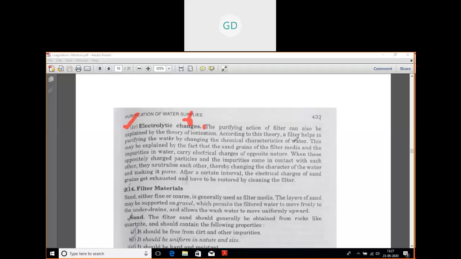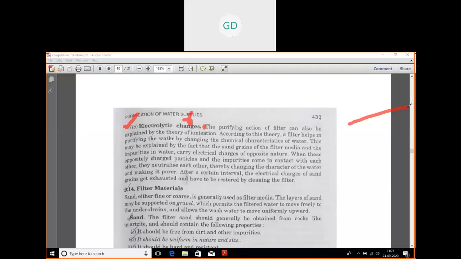According to this theory, a filter helps in purifying the water by changing the chemical characteristics of water. This may be explained by the fact that the sand grains of the filter media and the impurities in water carry electrical charges of opposite nature. When these oppositely charged particles and impurities come in contact with each other, they neutralize each other.